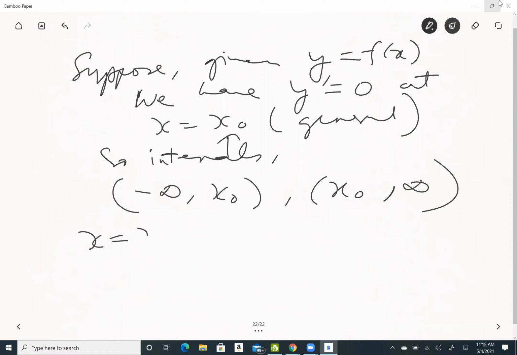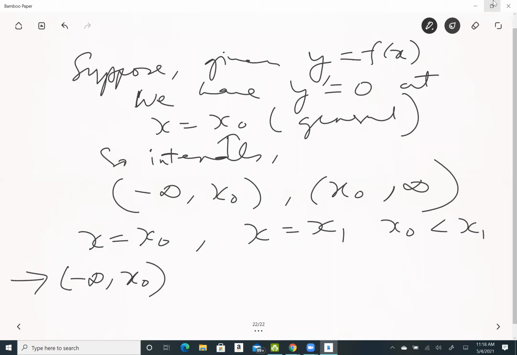Now suppose you have 2 points where the y prime equal to 0, say x equal to x0 and x equal to x1. So here, how many intervals do we have? Three. Break out the intervals. Let me say x0 is less than x1. Then the intervals are negative infinity to x0, x0 to x1, and x1 to infinity.